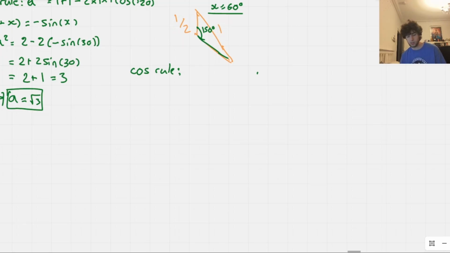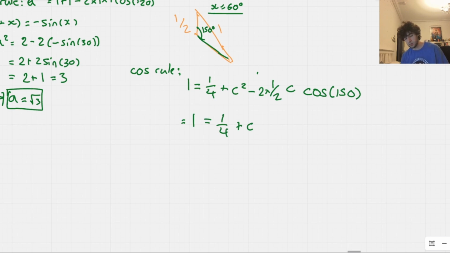So A squared is equal to B squared, which is a half squared, so a quarter, plus C squared, minus 2BC cosine of 150. Now cosine of 150 is minus sine of 60, from our rule from earlier. So it's going to be 1 is equal to a quarter, add C squared, plus C sine 60. Sine 60 is root 3 over 2, so plus root 3 over 2 times C.